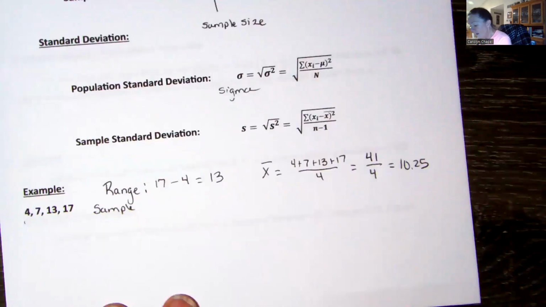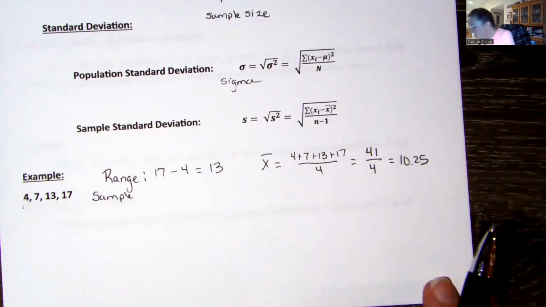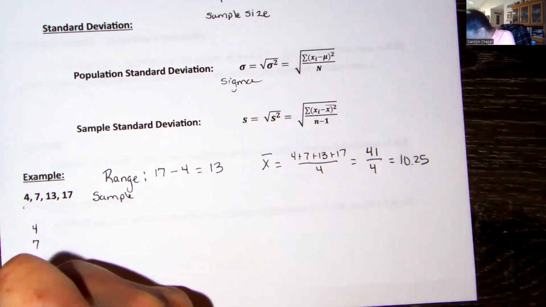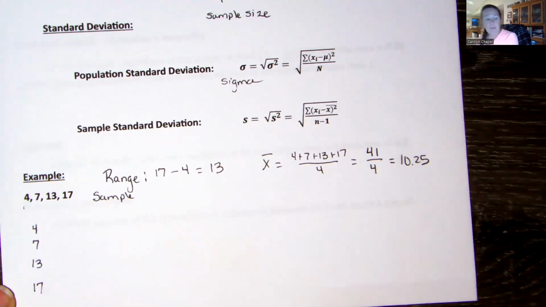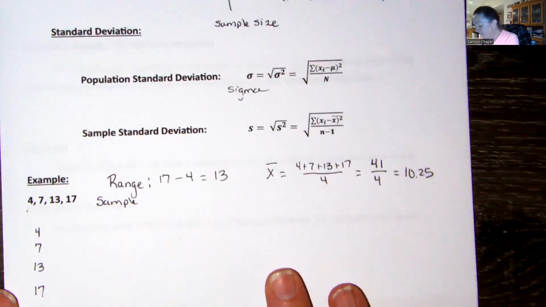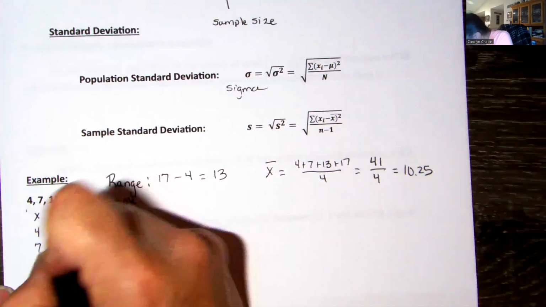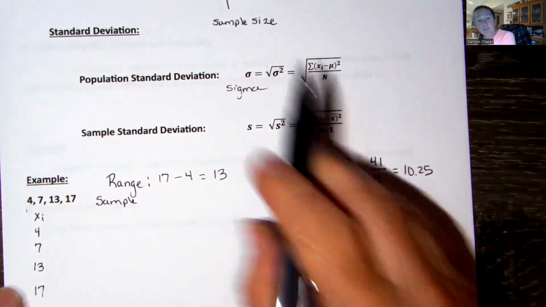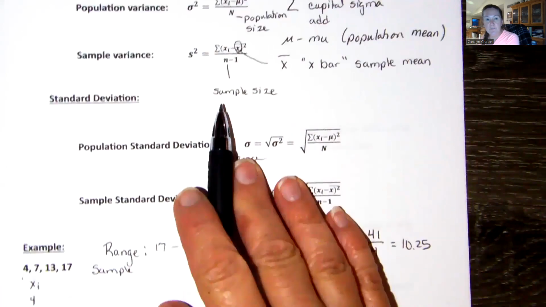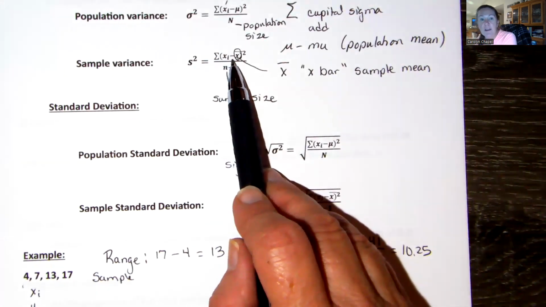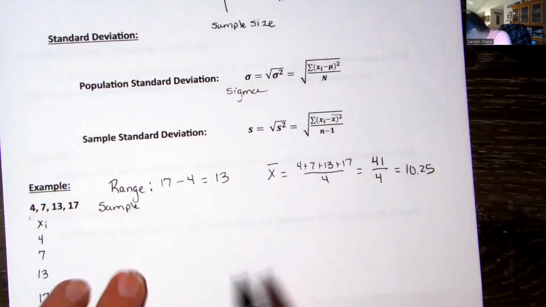Okay, and I am going to work vertically with these. So I'm going to list my data here. And so there's my original data, these are my little X sub i pieces. The first thing my formula tells me to do is to take my X value and subtract off the mean.